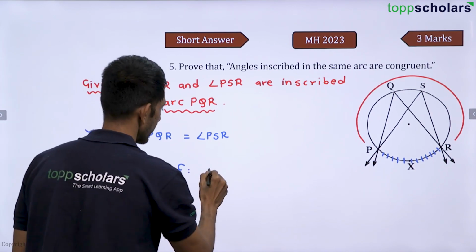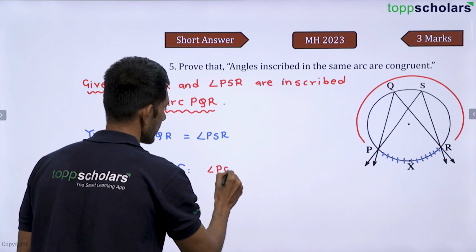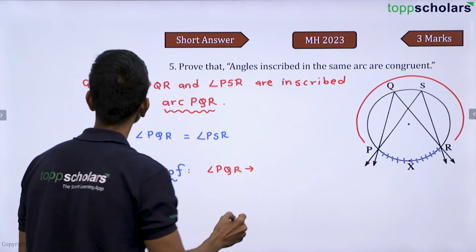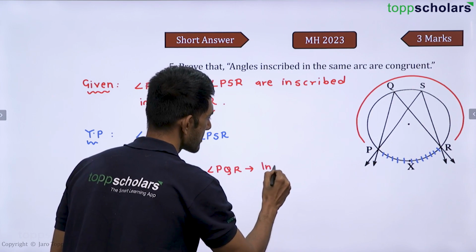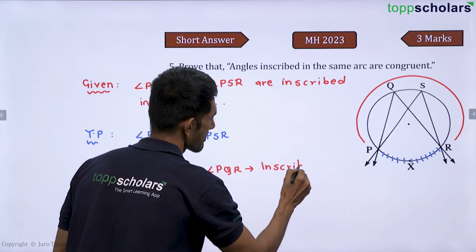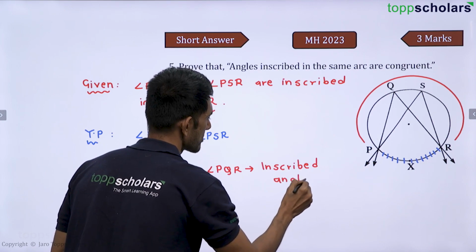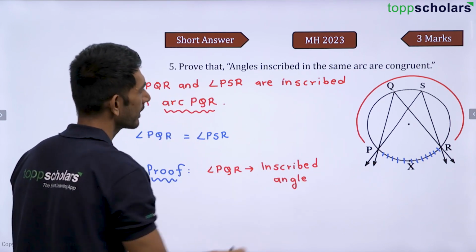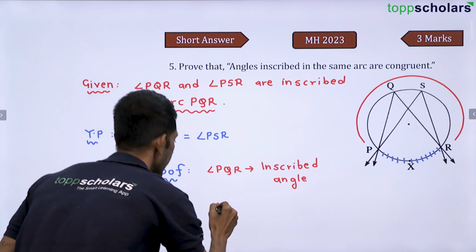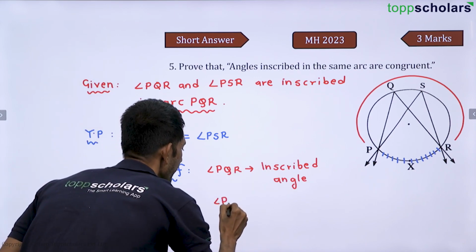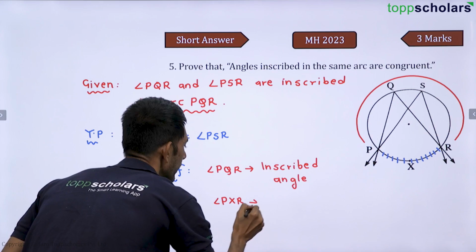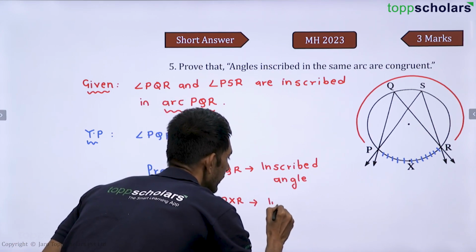Can we say PQR is inscribed angle and PXR is intercepted arc?